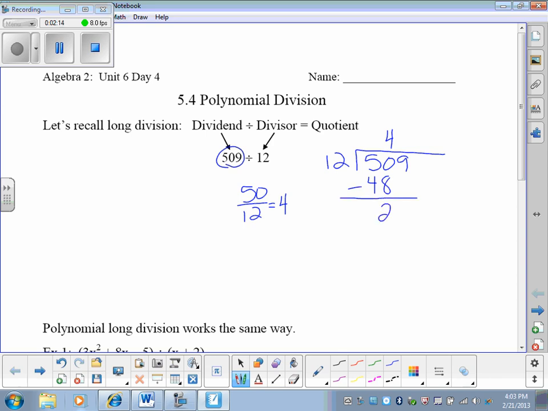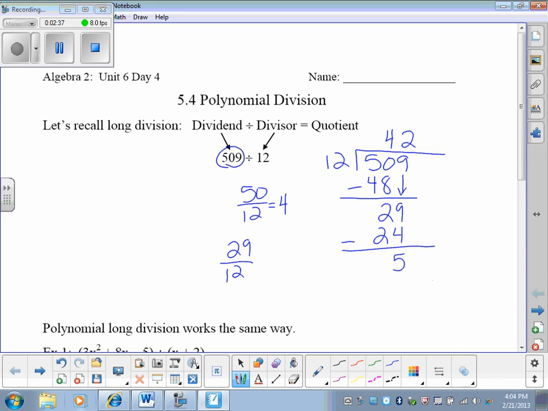Subtract that, you get 2. And you're going to bring down the 9. Remember this? And then you're going to say, all right, how many times does 12 go into 29? And it goes twice. So 2 times 12 is going to be 24. Subtract and you get 5.